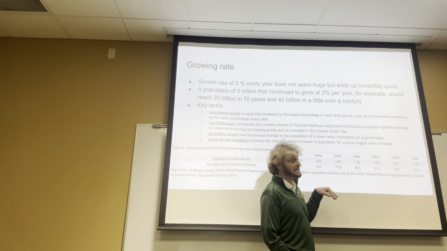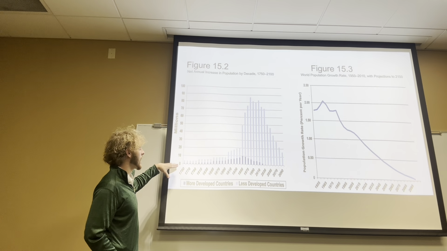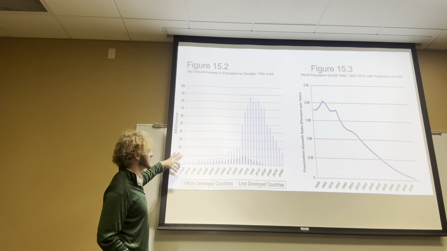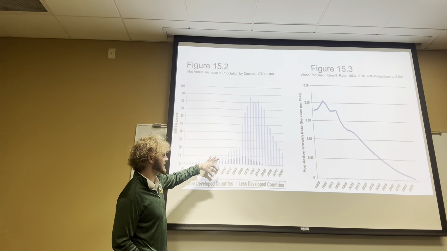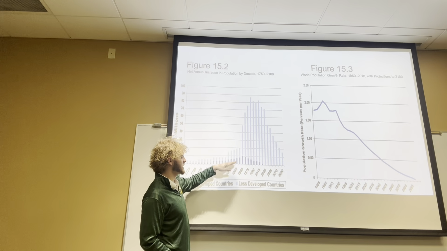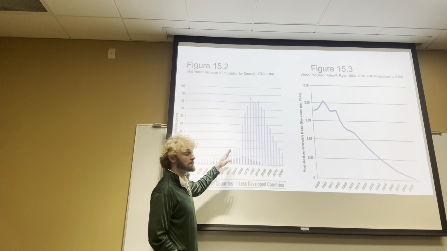We can also see more developed countries and less developed countries. In this graph, we see a very steady increase from 1750 to around 1890, and then once the year 1910 hits, we see it increase. And specifically at 1950, after World War II, we see a monster increase to almost 90 million.